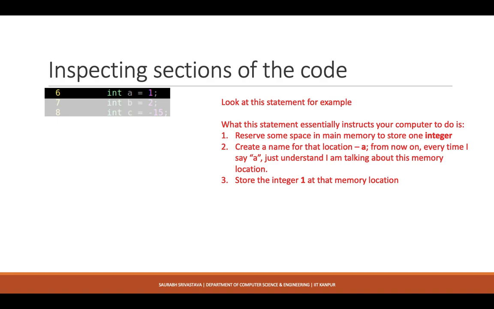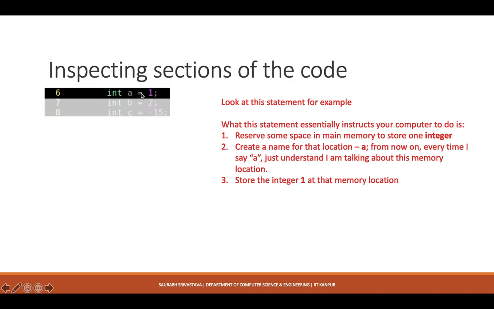What this statement is essentially saying, what it is trying to instruct your computer, is something like this: reserve some space in the main memory to store one integer. So this int stands for integer. Create a name for that particular location, and the name is A, and from here on every time I say A, just understand that I'm talking about that particular memory location.